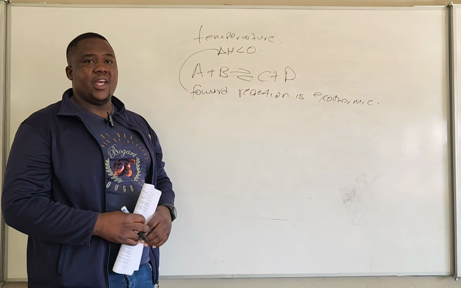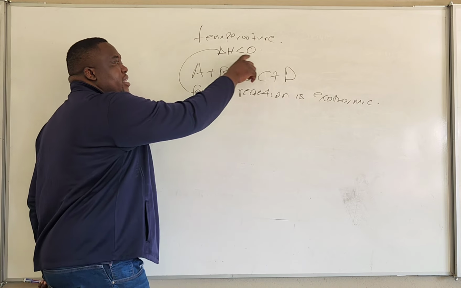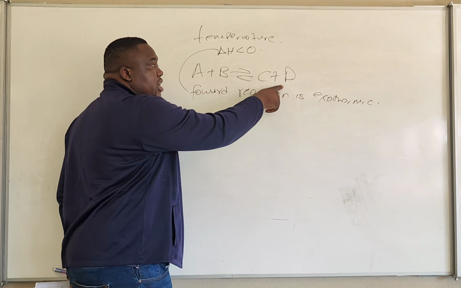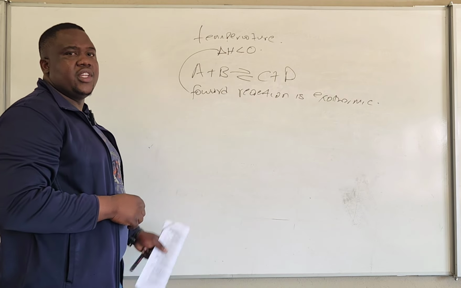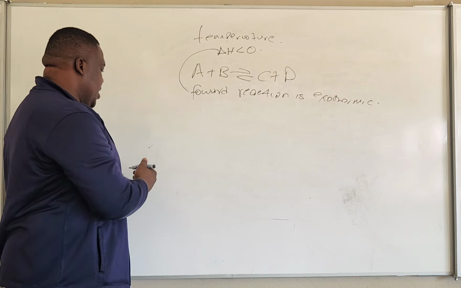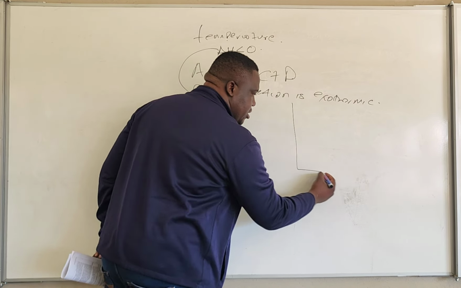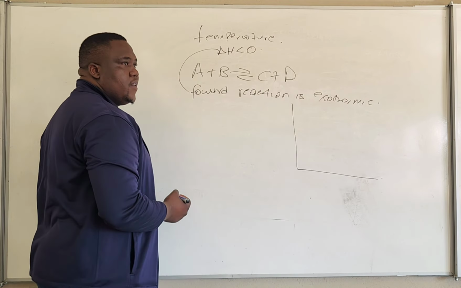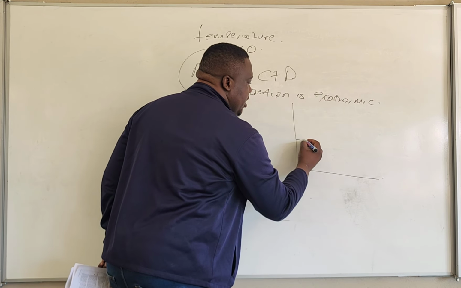Let us explain what's going to happen. Remember that if the forward reaction is exothermic, it means the reverse reaction is endothermic. Okay, let me just use the representation again. Let's say we have that representation. Our reaction is at equilibrium.